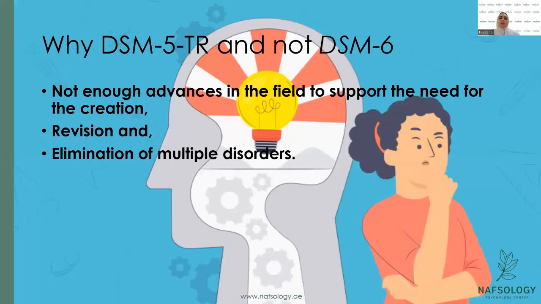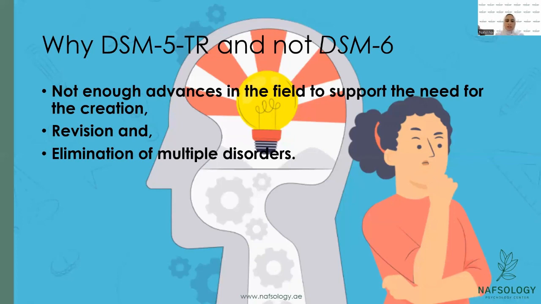So why do you think it was called DSM-5-TR and not DSM-6? After DSM-4, DSM-5 came out, so it was automatically called DSM-5. Now, one of the main reasons for that is that there weren't enough advances in the field to support the need for creation, revision, and elimination of multiple disorders.